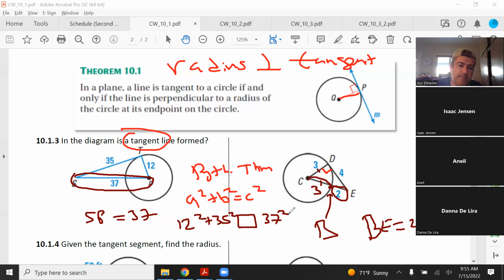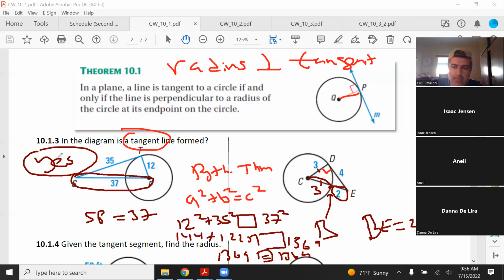I'll use my calculator. 12 squared is 144. 35 squared is 1225. 37 squared is 1369. 1225 plus 144 is 1369. So we do have a right angle here. These equal each other. So the answer is yes for the first one, for sure.